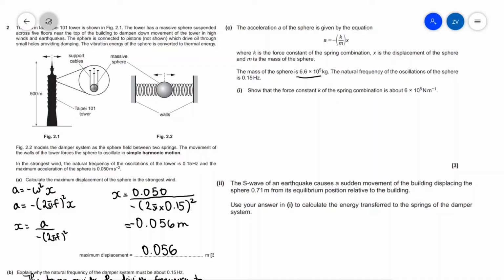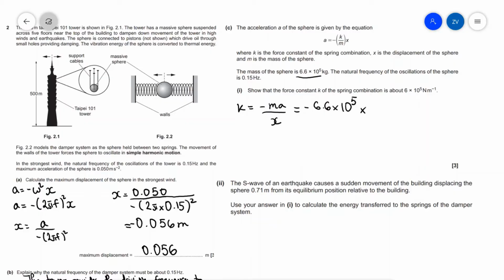Okay, well, the first thing we need to do is just rearrange the above equation for the force constant k, which is going to give us minus m a divided by x. Now this is going to equal minus our mass, which is 6.6 times 10 to the power of 5.